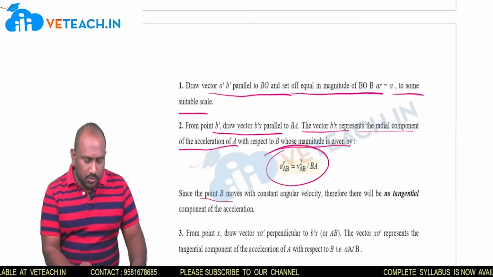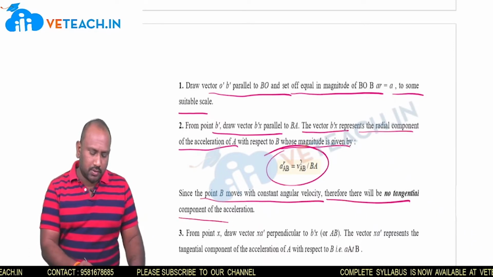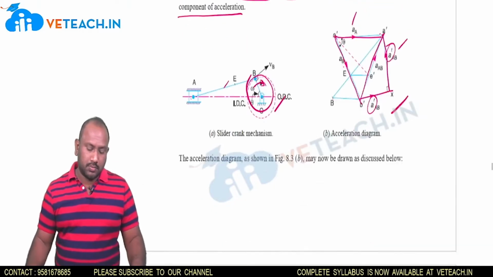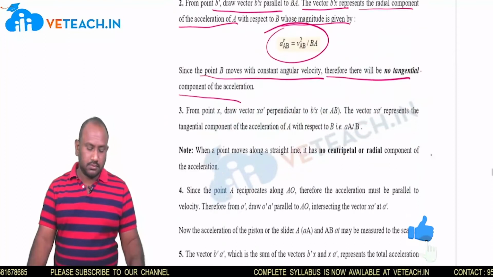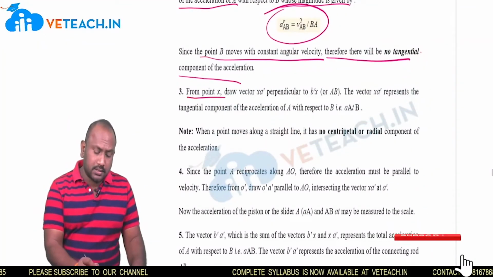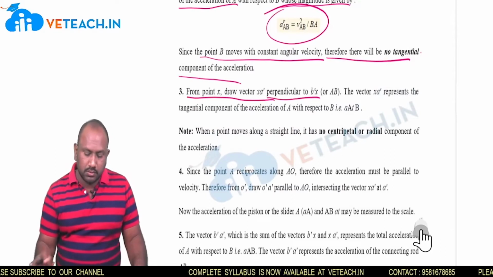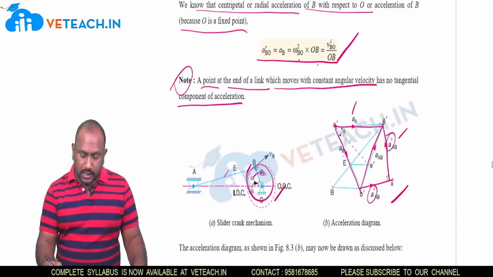Since the point B moves with a constant angular velocity, there will be no tangential component of the acceleration. We gave this point here, not in the previous one. From point X, draw a vector X A dash perpendicular to B dash X. So this is the X A dash.